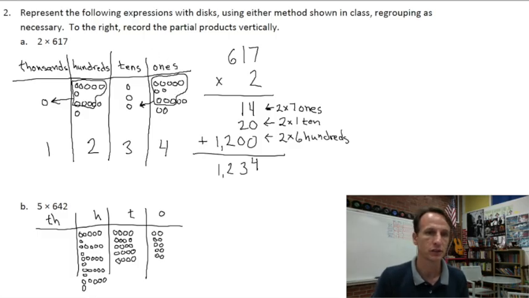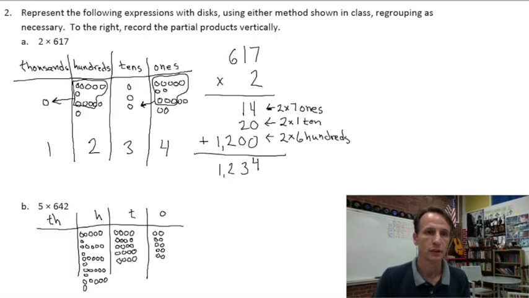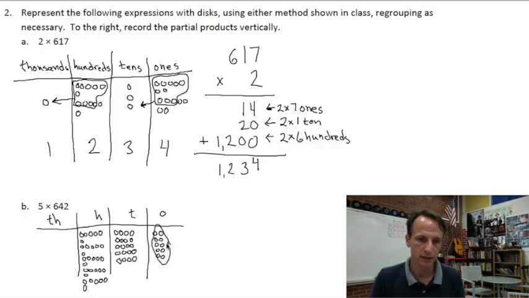I'm going to switch colors to do my regrouping because there's an awful lot here. Well, it's not really working. Okay, never mind. So there we go. 2, 4, 6, 8, 10 ones. Okay, so all of that. And then in the tens place, I have 4, 8, and 2 more make 10.